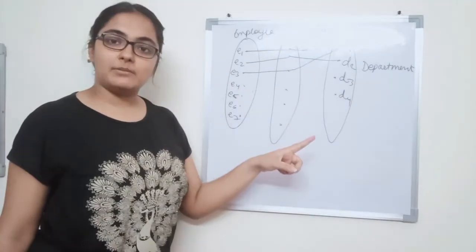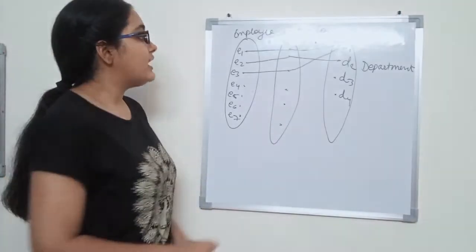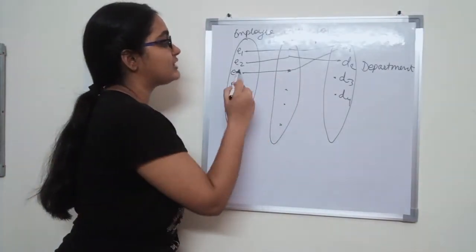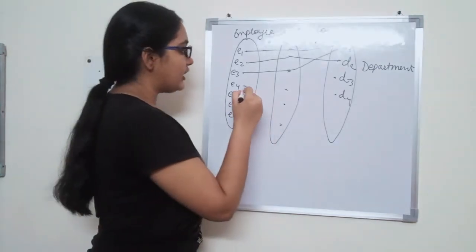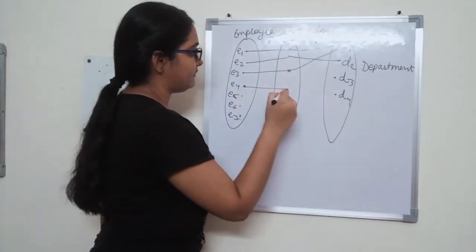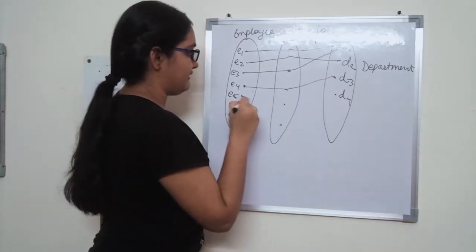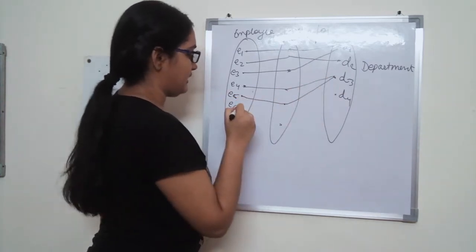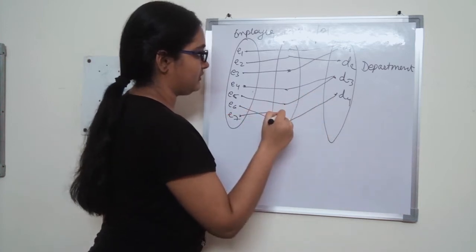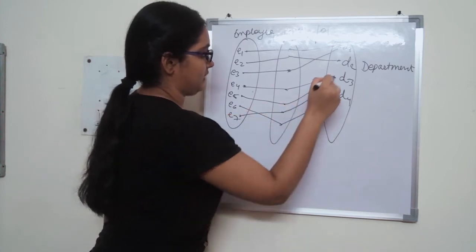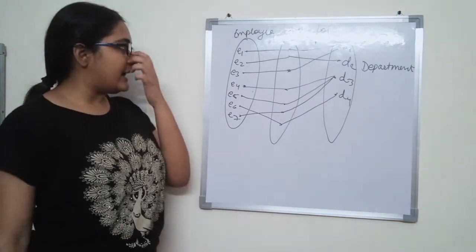So each relationship instance can contain just one entity from each of the participating entity types. Now let us say E4 works for D3, E5 works for D3, E6 works for D4, and E7 works for D3. Right, so this is the kind of relationship.